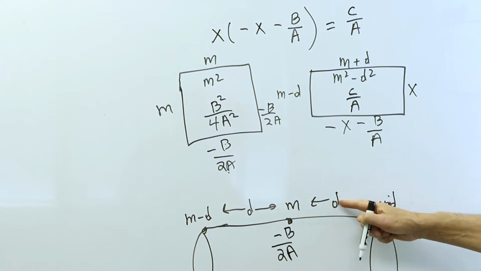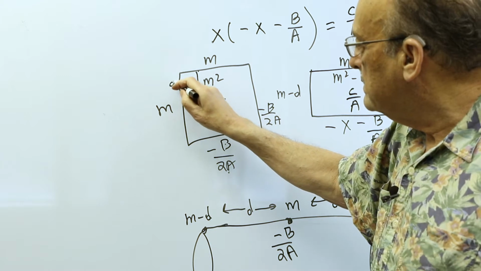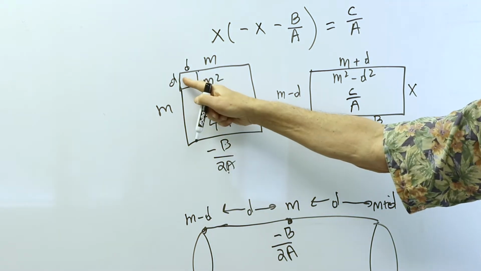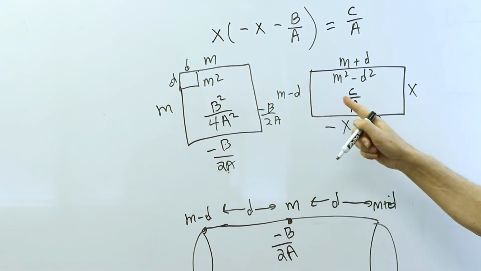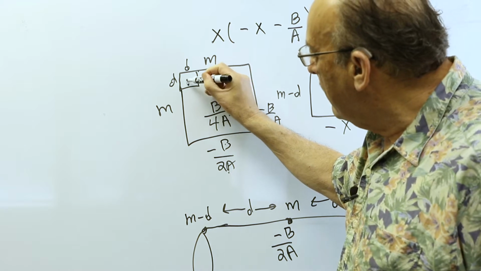So we're thinking of d as being the side of a little square. And the little square has the extra area that's in the square and that is not in the rectangle. So this is d squared.